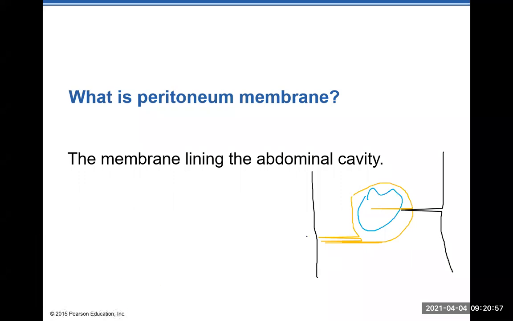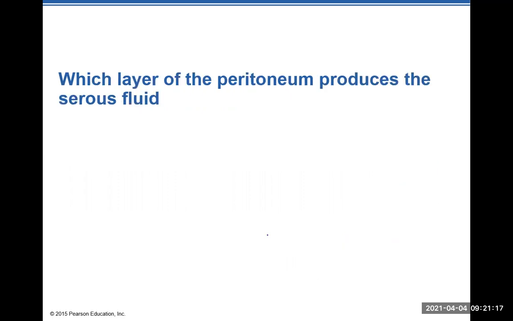What is that membrane called, girls? The purple one, is it the parietal or visceral peritoneum? It's the parietal, as we have been discussing previously. Which layer of peritoneum produces the serous fluid?